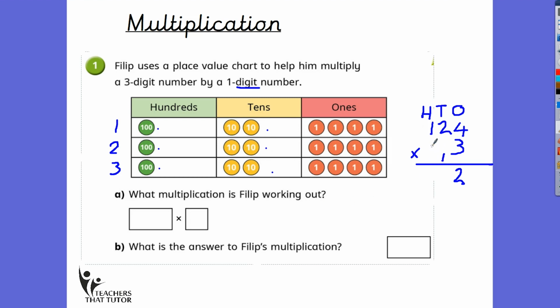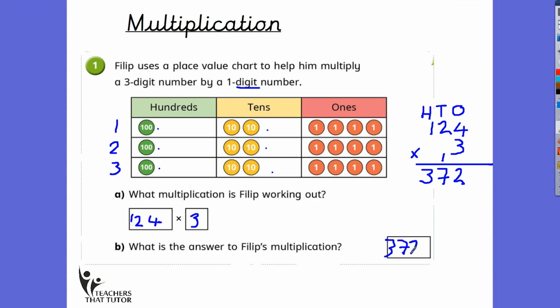So 2 times 3 is 6, plus that 1 is going to be 70. So that becomes 70. And 100 times 3 is 300, giving us a final answer of 372. What is the multiplication Philip is working out? Well, he's doing 124 times 3, and our final answer was 372.